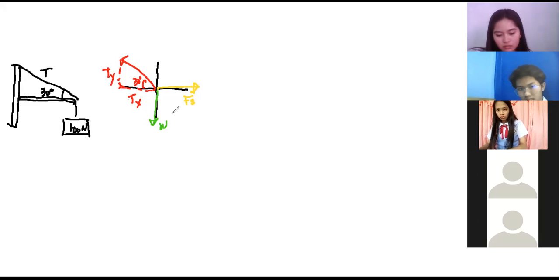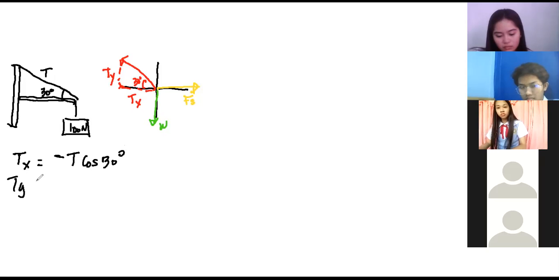So now, first we are going to get the X and Y components of your tension. We will be focusing on that, the X and Y components. So tension X will be equal to, again, negative tension cosine 30 degrees.